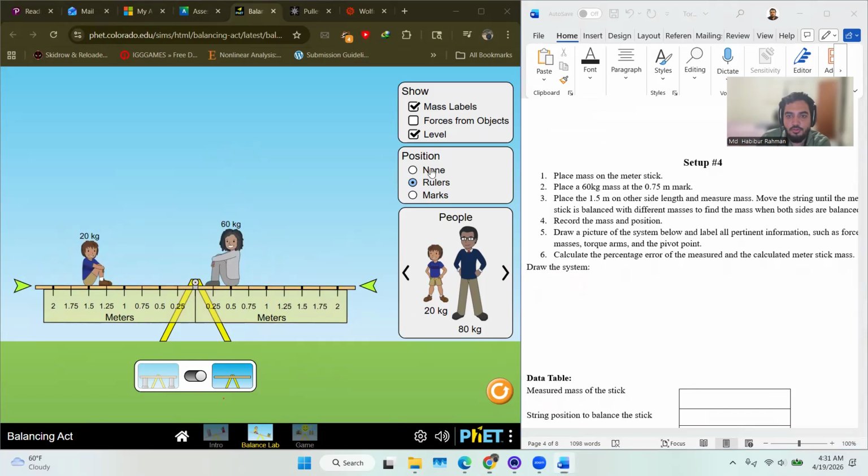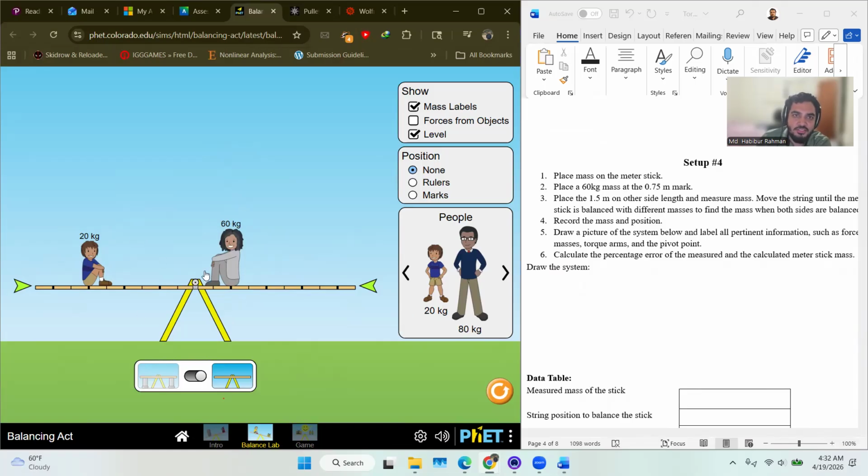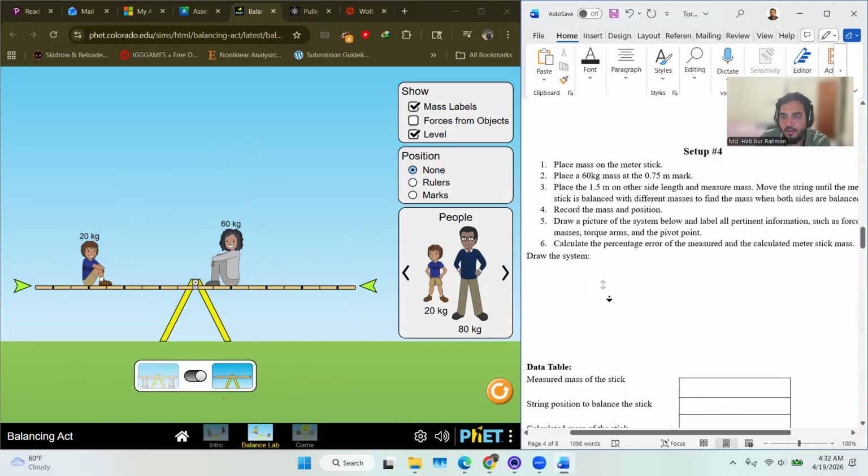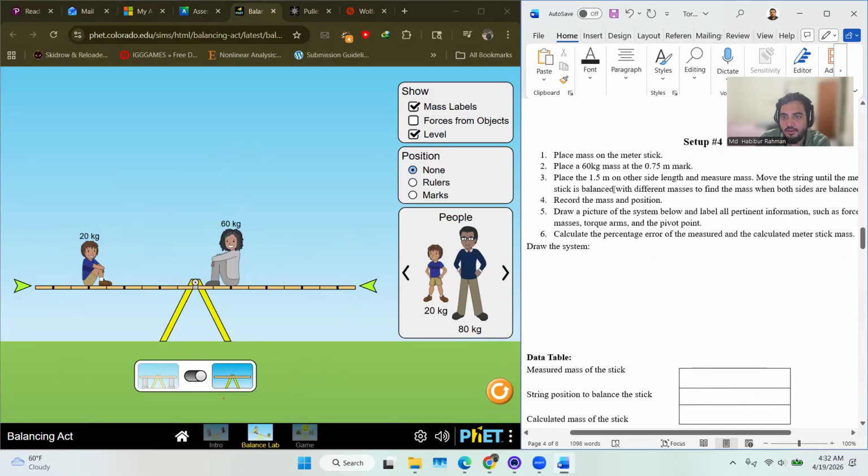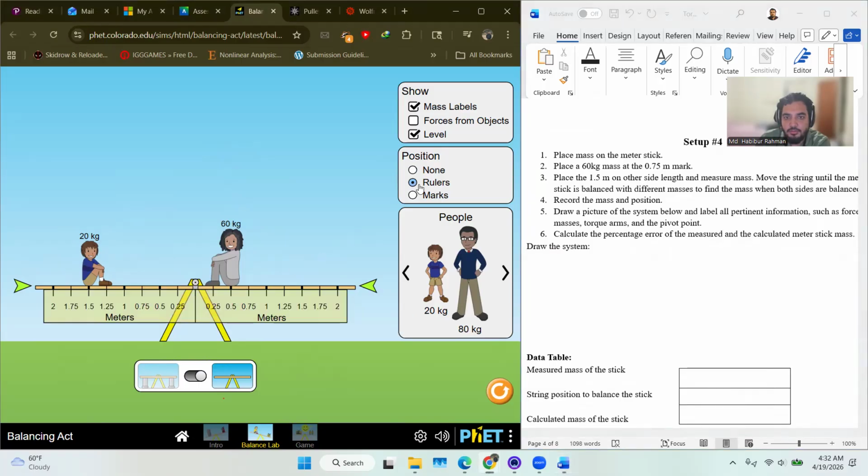We have to draw without a ruler. You have to draw this one. Instead of writing or drawing a person, you have to draw a, what is this called? You can take a screenshot and put it in the digital lab, and you have to measure the distance.